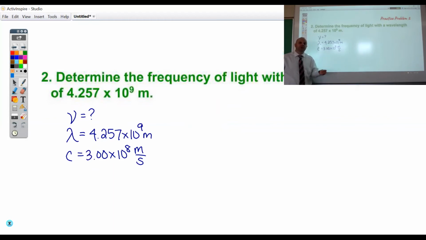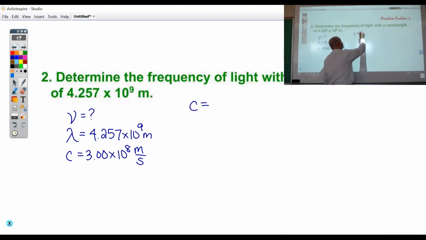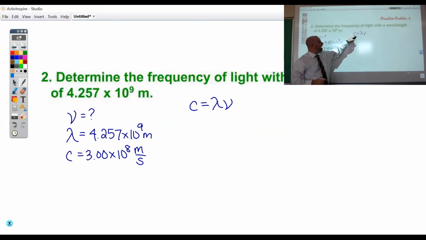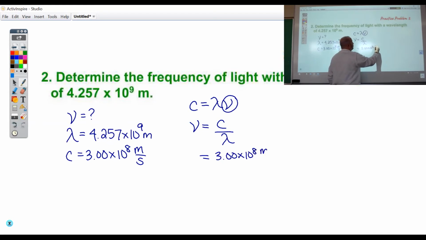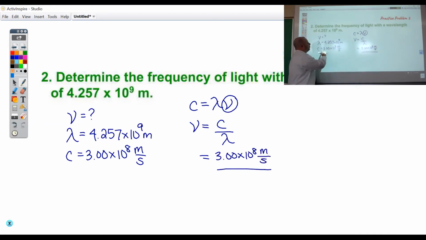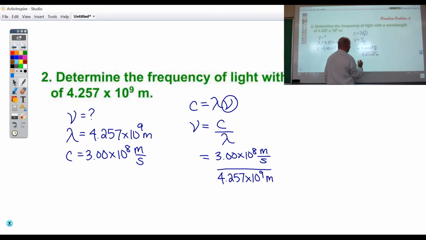So anytime we need to use it, we can reach into our toolbox and pull this out. So in this problem, we will be using the same equation that we used in the first problem. However, this time we'll be solving for frequency. We're going to get frequency is speed of light divided by wavelength. So 3.00 times 10 to the 8th meters per second divided by, here's our wavelength, 4.257 times 10 to the 9th meters.